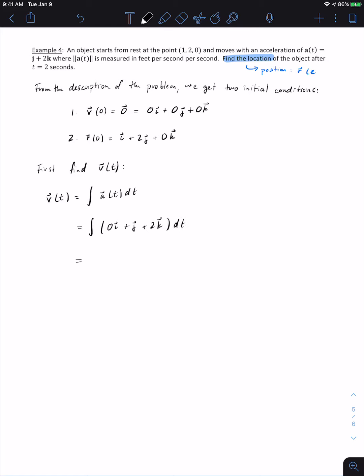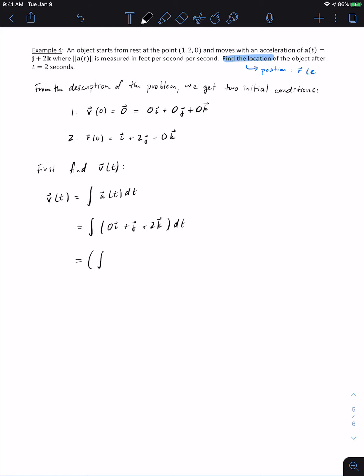And just because I like to, I want to remember that if I integrated each one of these pieces individually and put a plus c on at the end, that plus c is a vector. So it has a c1i plus c2j plus c3k, right? That's equal to the vector c. But because I don't want to have to remember that, I'm just going to distribute the integral sign to each piece.